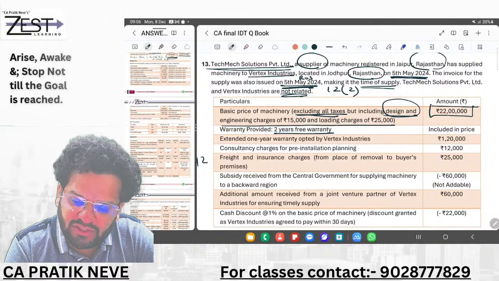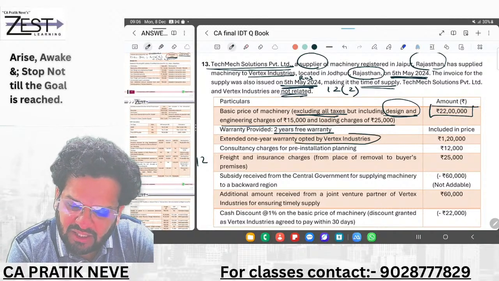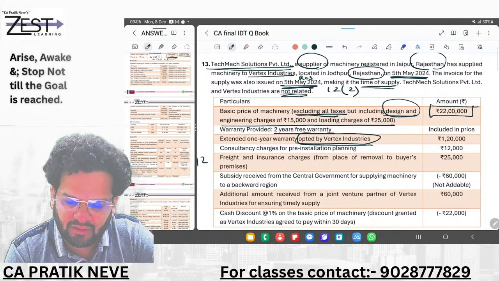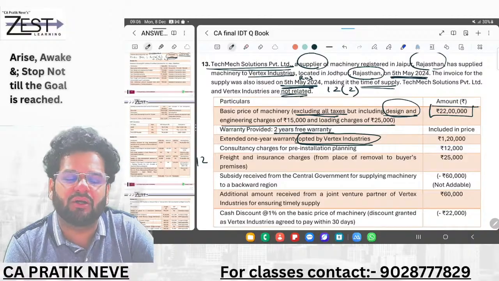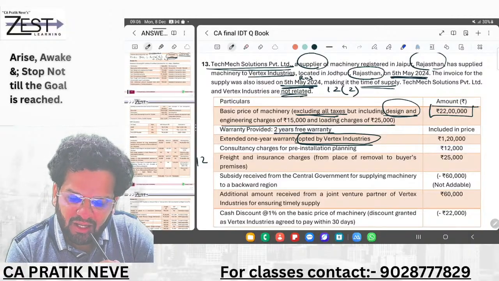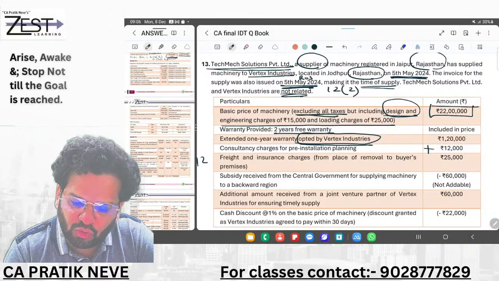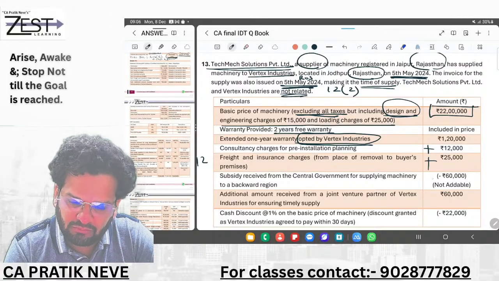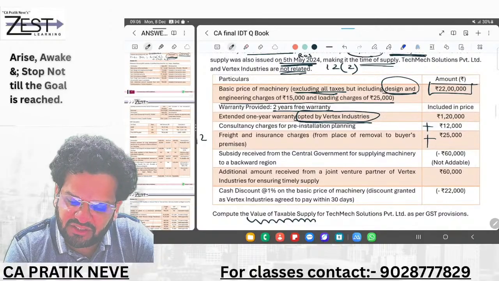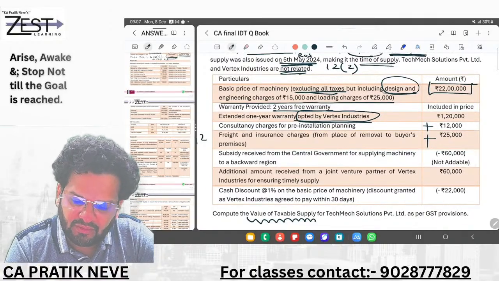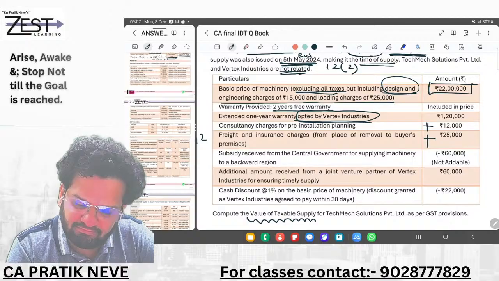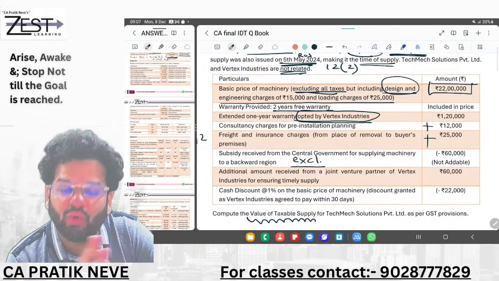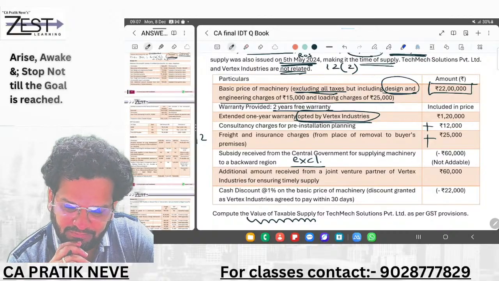Extended 1 year warranty opted by Vertex Industries. Okay, so it was not compulsory. Consultancy charges include freight and insurance charges, exclude subsidy received from CG. Okay, so it is excluded, means don't do anything, forget it.